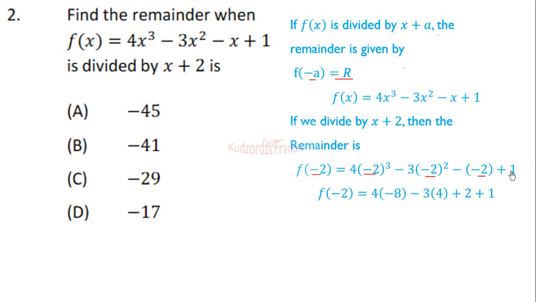Then the next thing we do now is to simplify further. 4 times -8 will give us -32. Then -3 times 4 will give us -12 plus 3. So the next thing we do now is to simplify further. This will give us -44 plus 3 is -41. So the correct choice is B.